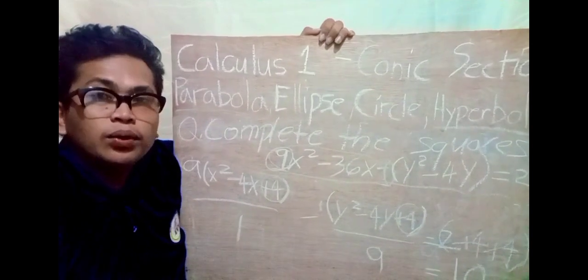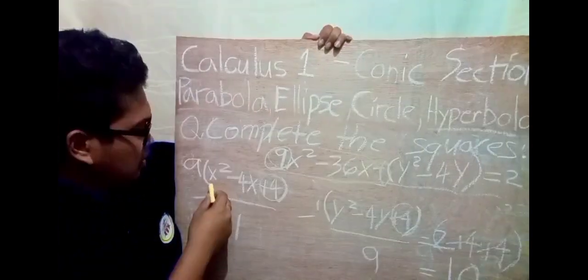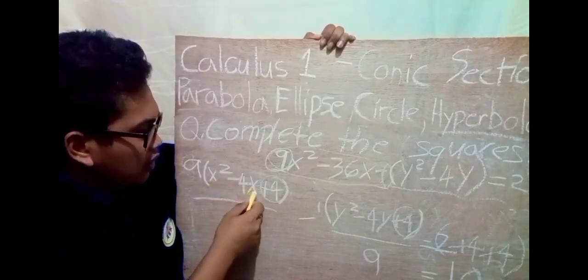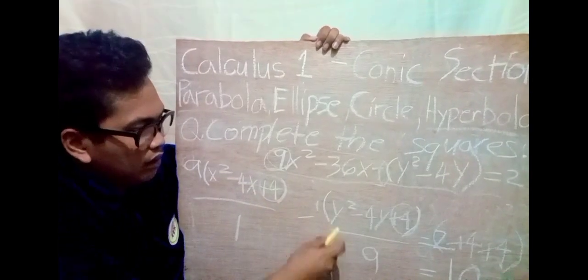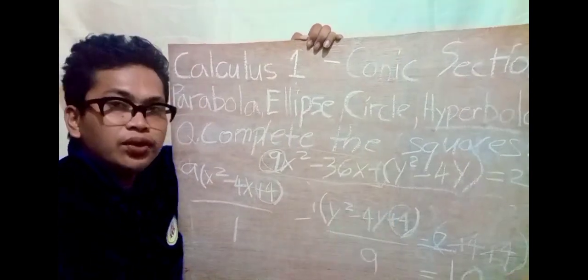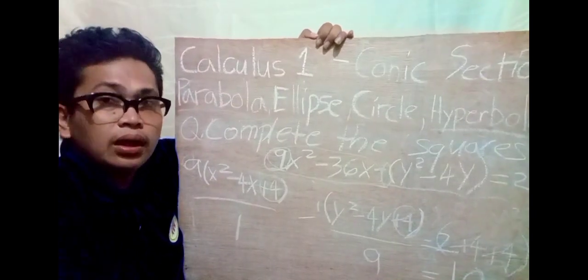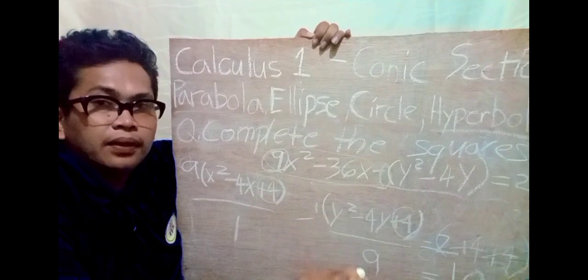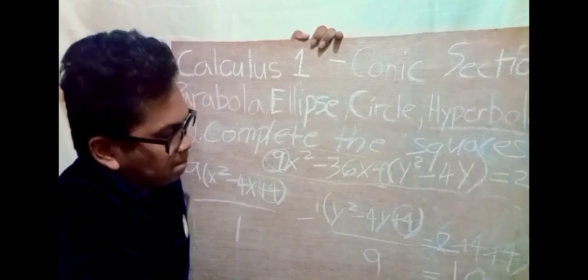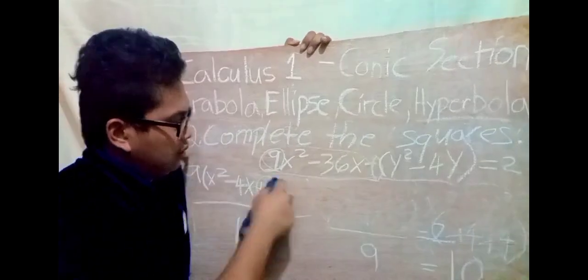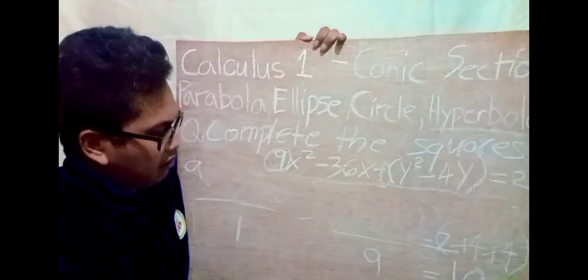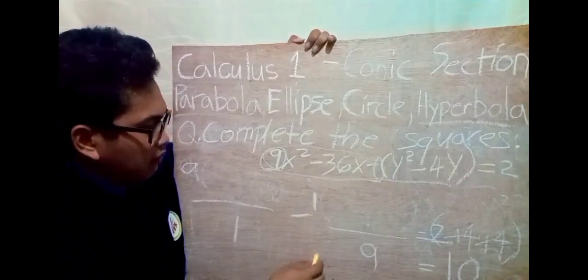So we convert it into x squared minus 4x plus 4 and y squared minus 4y plus 4. We need to identify how the roots came up.